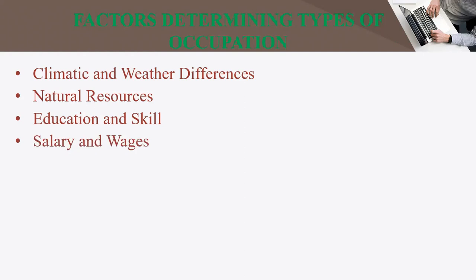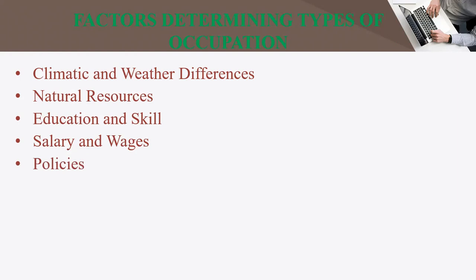Also, salaries and wages play a very crucial role when it comes to choosing your type of occupation. When the salary or wages offered to you isn't encouraging enough, you might not want to choose such an occupation.